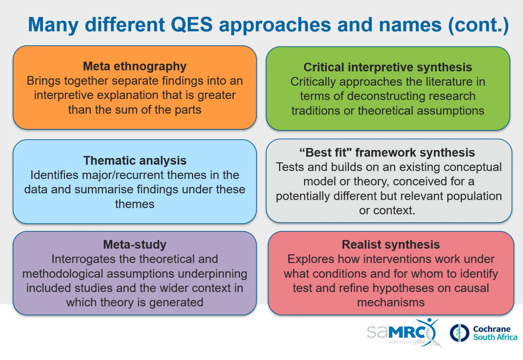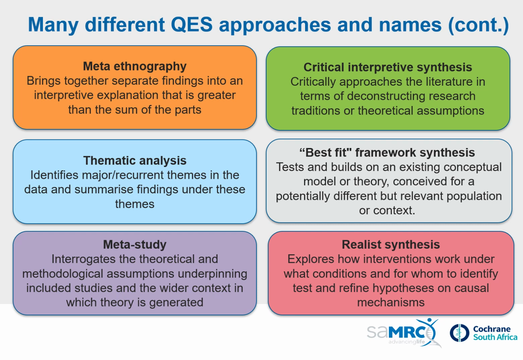For example, meta-ethnography tries to bring together separate findings into an interpretive explanation that is greater than the sum of the parts. Another approach is critical interpretive synthesis. Here it critically approaches the literature in terms of deconstructing research traditions or theoretical assumptions.